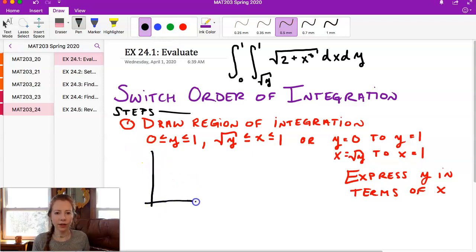Okay, so we have y versus x here. And here we have y equals 1. Here is y equals 0. Here is x equals 0. And here is x equals 1. All right.